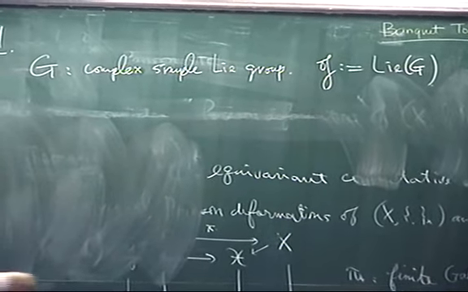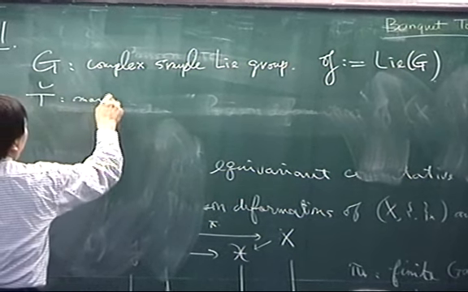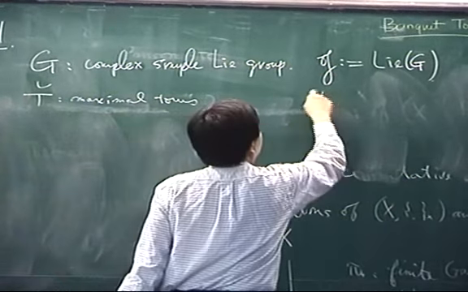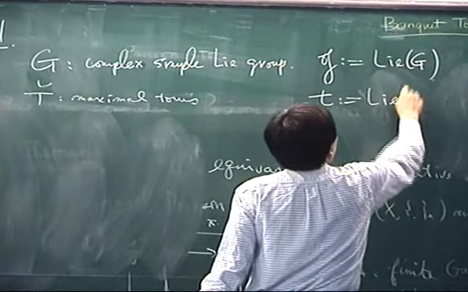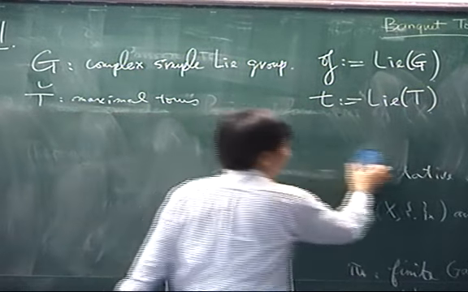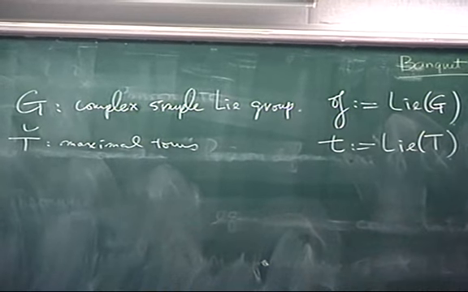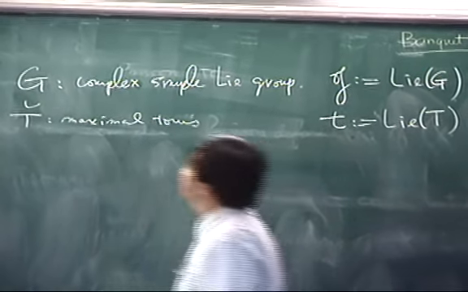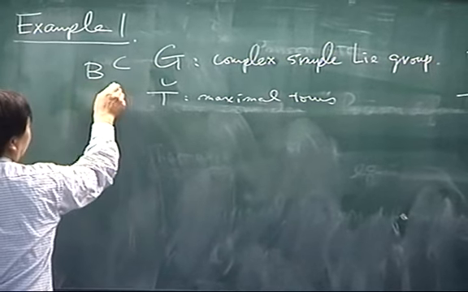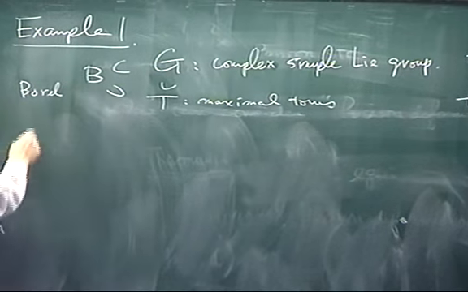And fix some maximal torus and take its Lie algebra T. And fix some Borel subalgebra, Borel subgroup containing T. Borel. The situation is like this.